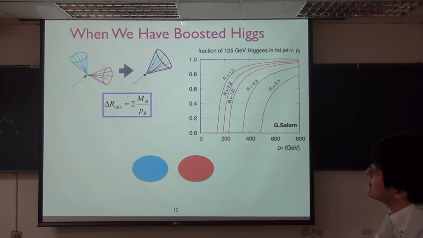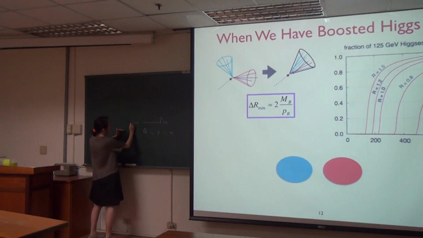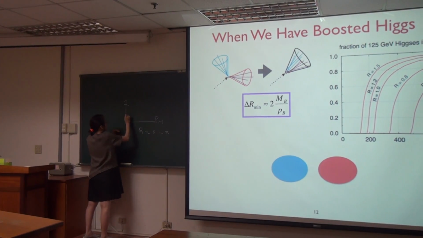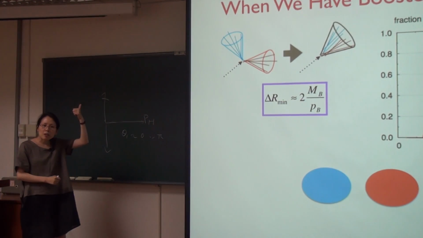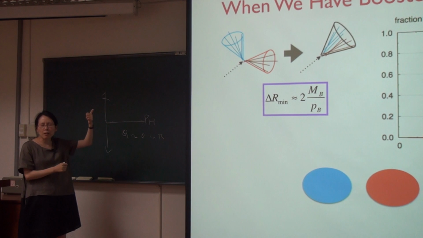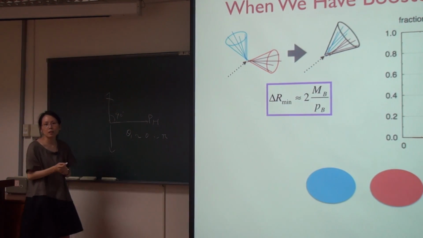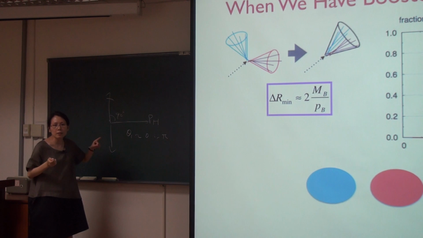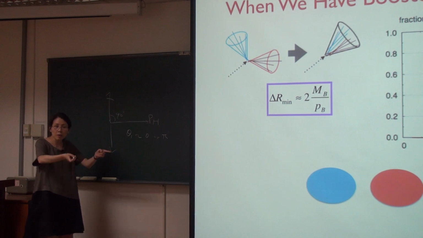So the smallest angle separation is when, in the Higgs rest frame, the two B quarks decay perpendicularly. So when cosine theta star, this decay angle, is equal to 90 degrees, then when you boost back to the lab frame, they will decay symmetrically, and this will be the time when it has the smallest angle.